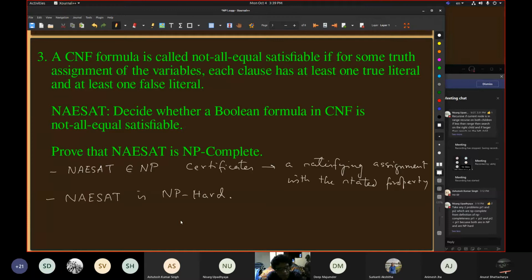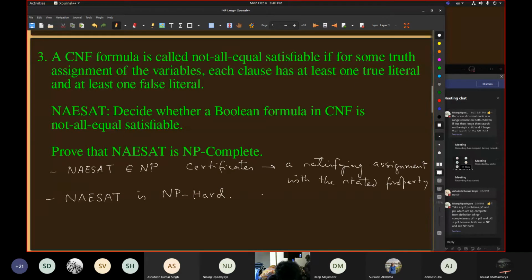Because if I start with SAT and I produce an instance of NAE SAT, from a general formula I have to build a CNF formula. That is not necessarily a very easy task. But in view of the fact that we have also seen that CNF SAT is NP complete or NP hard for that matter, I can make a reduction from CNF SAT.